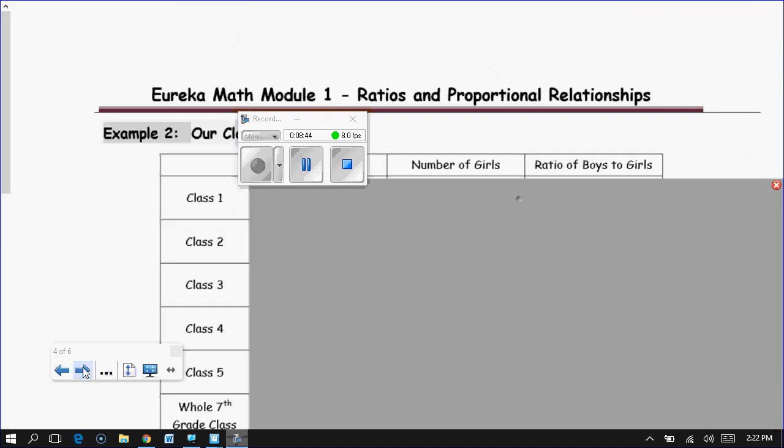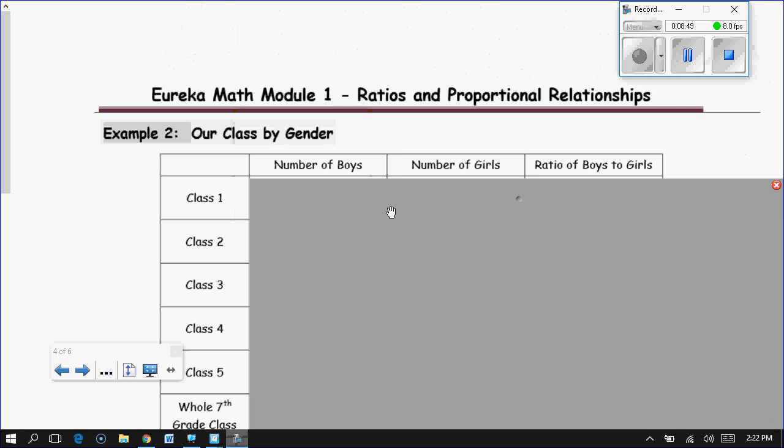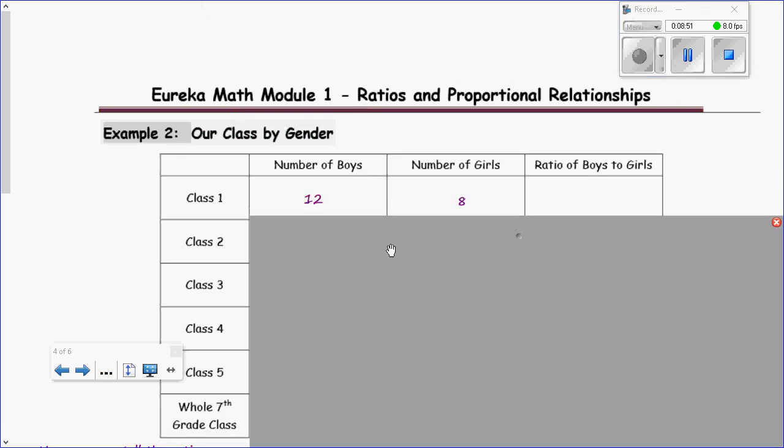We're going to do one more example together that has to do with class sizes. So in class number 1, let's imagine that there are 12 boys and 8 girls. Go ahead and write that ratio. Use that colon, you know, the 2 dots. Go ahead and write 12 to 8. And now go ahead and reduce that.